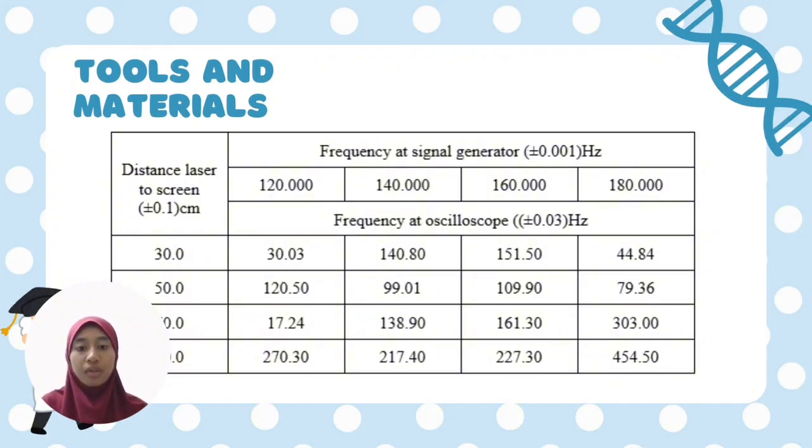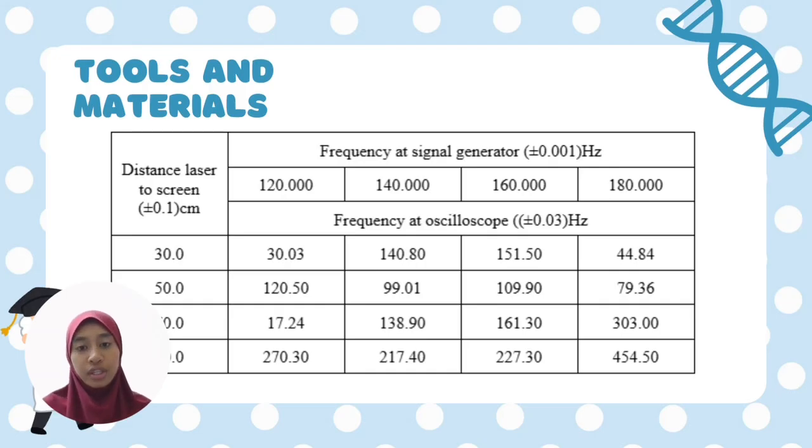From the reading of the oscilloscope, what I can tell all of you is that, for example, the exact frequency that we use is 120 Hz, but on the oscilloscope the frequency that appears is double or triple this original value.